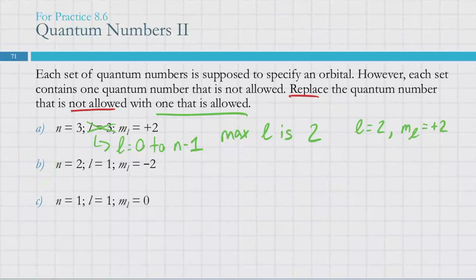For B, our values are N equals 2, L equals 1. So L equals 1 is 1 less than 2. So that's allowed. Then for M sub L, we've got negative 2, and that is not allowed.